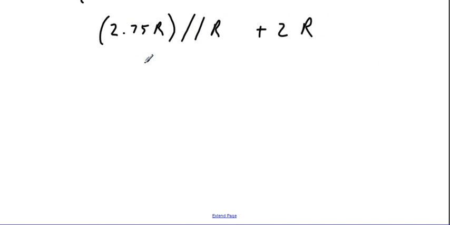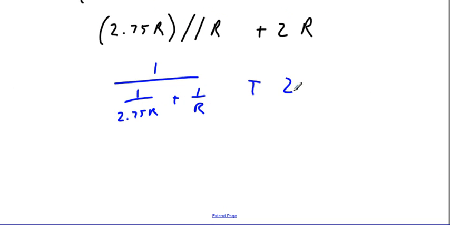Okay, well, now that I stuck that one in, I've got 1 over 2.75 R plus 1 over R, plus 2R left over. And so I guess I can't do that one in my head. I'll probably have to take out my calculator. So the R is going to be on top when I get done.